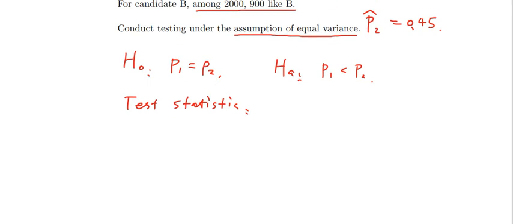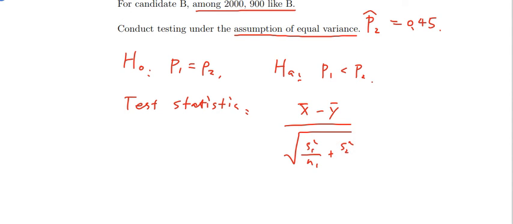We have this formula. So here we have two formulas. One is x bar minus y bar over the square root of s1 squared over n1 plus s2 squared over n2, right?